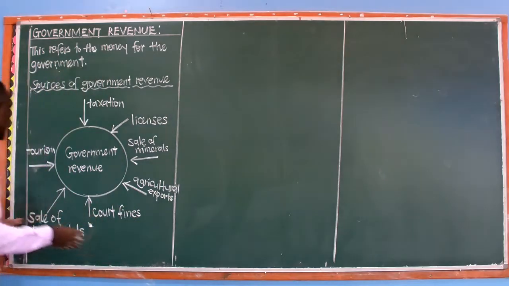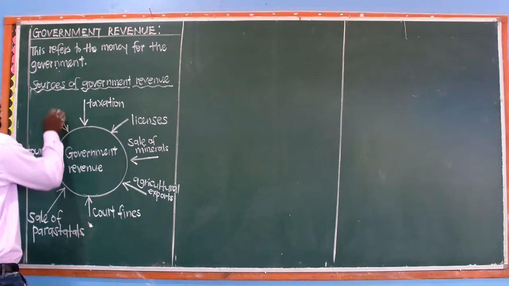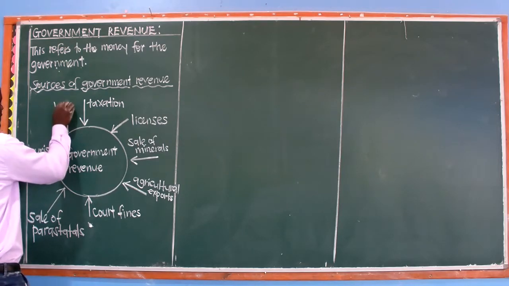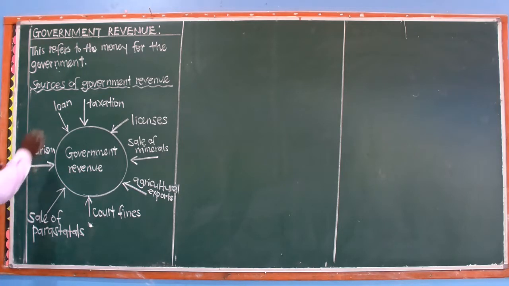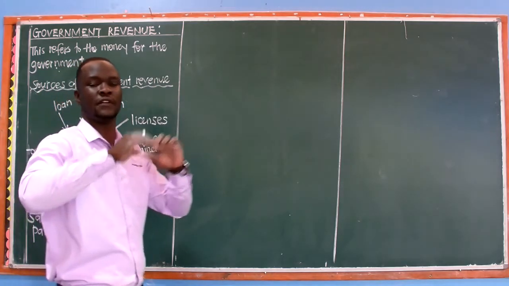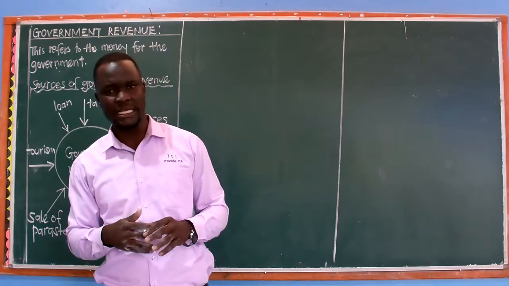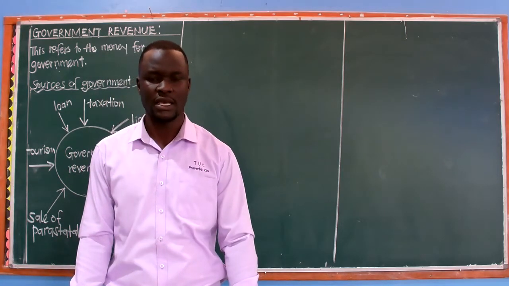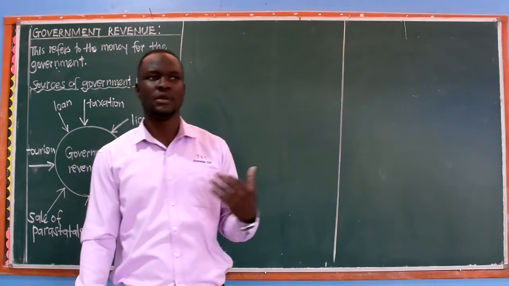There are others. The government can get a loan from another country. We have the rich countries in Europe and also outside Europe. Let me say, we have other rich foreign countries, in Europe and in Asia. Those are the two corners mainly, having countries which can give loans to our country.